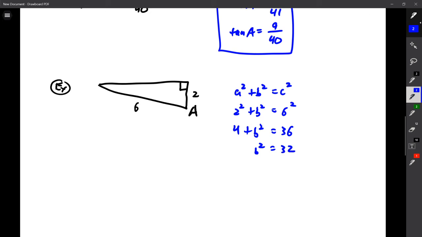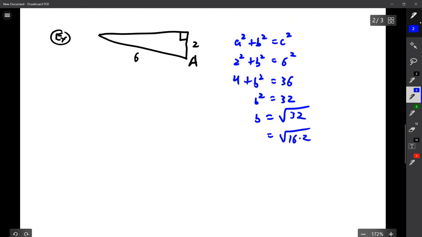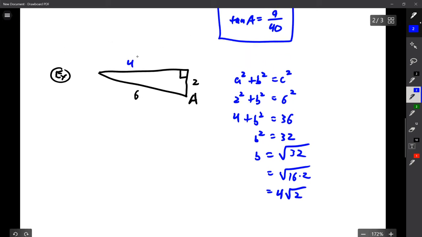And 32 is divisible by 4, and 32 is divisible by 16. Yep. So b equals the square root of 32, which can be written as the square root of 16 times 2. 16 inside the square root becomes a 4 outside, so this is equal to 4 root 2. All right, so that's that side. So this side is 4 root 2.